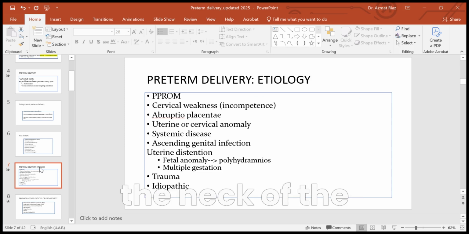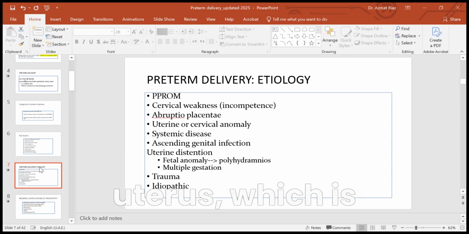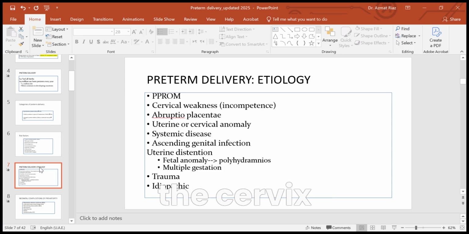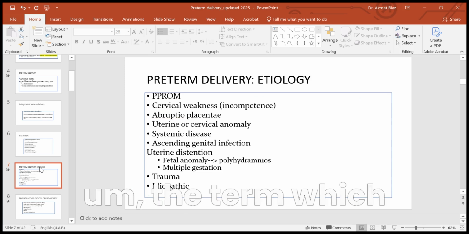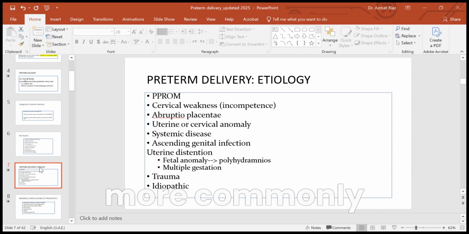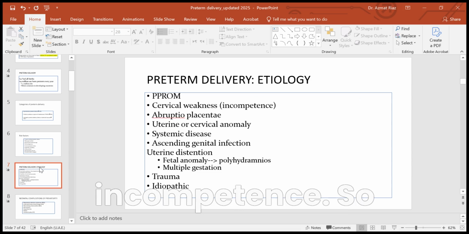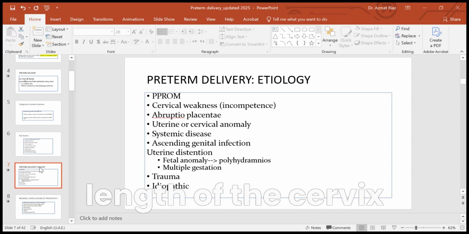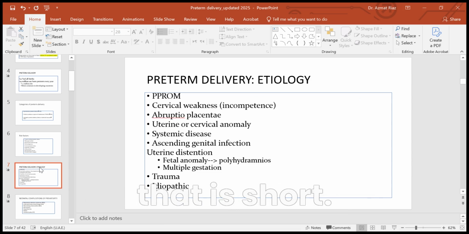Then sometimes the neck of the uterus, which is called the cervix, can be weak. Previously this was more commonly called cervical incompetence, meaning the cervix is short.